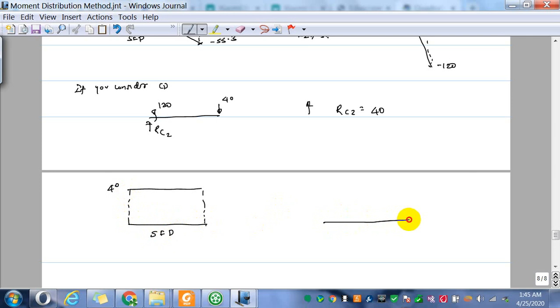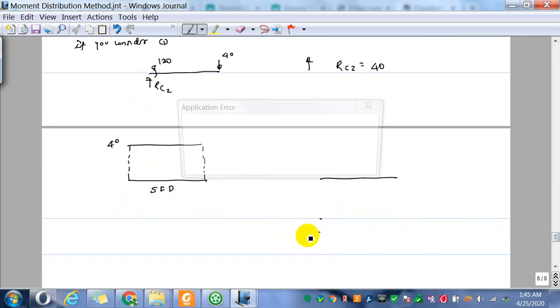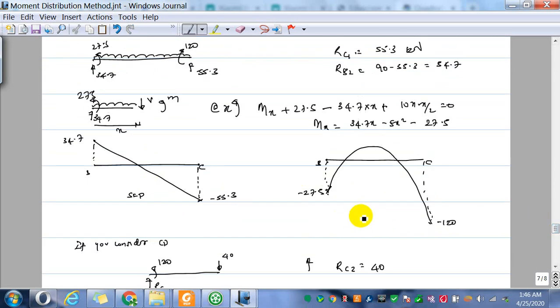And for the bending moment diagram, you have 120 which is hogging, negative, so minus 120. Since the shear force is constant, the bending moment is linear, so that is how your bending moment diagram looks.